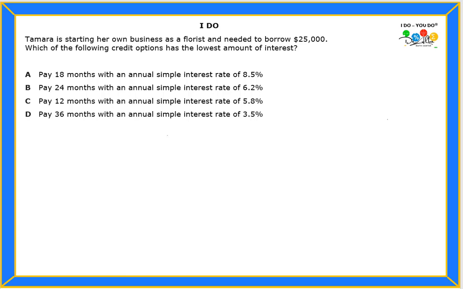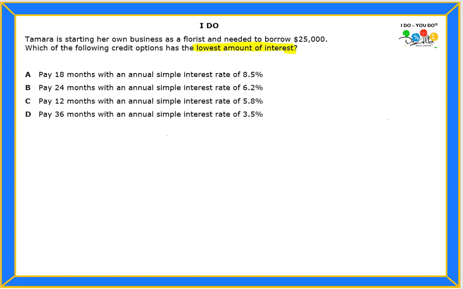And it says, Tamara is starting her own business as a florist and needed to borrow $25,000. Which of the following credit options has the lowest amount of interest? So we want to find out which one will give her the lowest amount of interest.